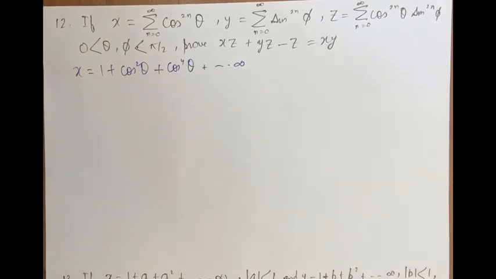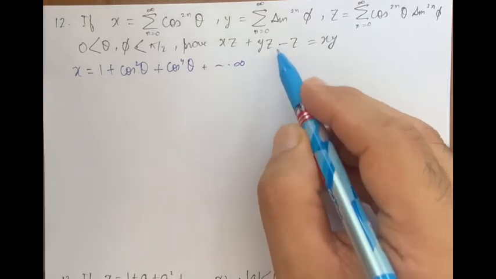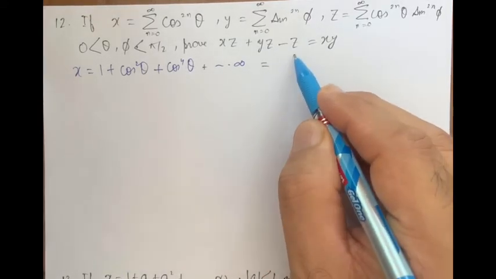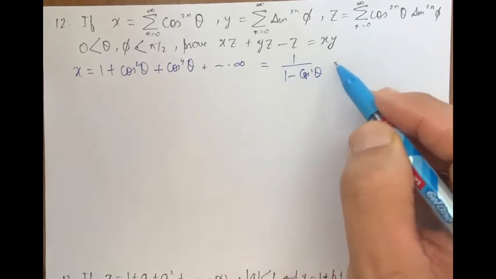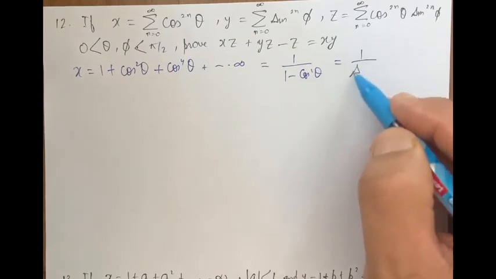So we can see this is an infinite GP with common ratio cos square theta, and we know cos square theta is less than 1. So the sum of infinite number of terms is applicable. This will be first term 1 upon 1 minus common ratio, which is cos square theta. So this is 1 upon sin square theta.